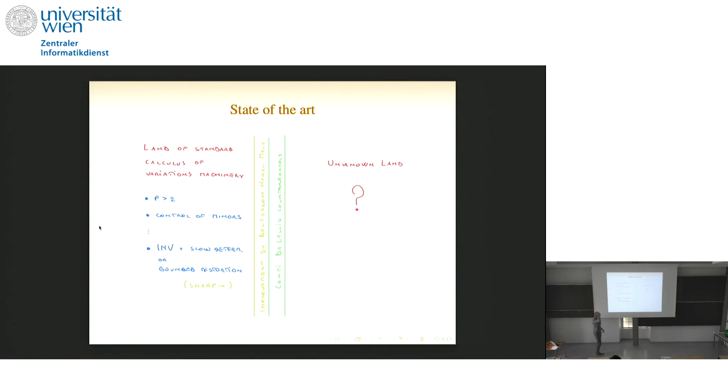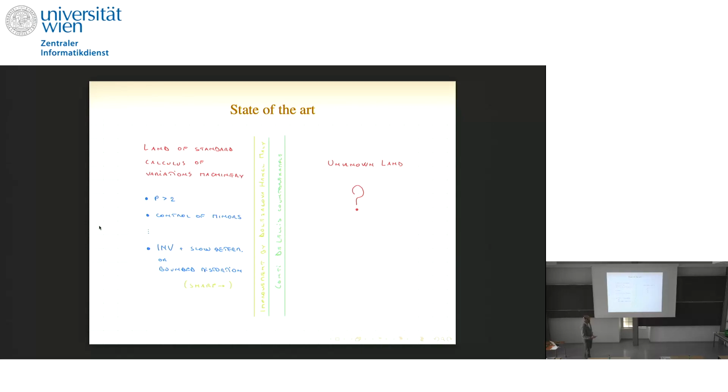We know that for that kind of energy, or something similar with polyconvex energies, when we are in dimension 2 and we work with energy with a p growth strictly larger than 2, or we have a certain control of the minors, or a lot of other additional assumptions, we are in a position to use the standard calculus of variations machinery and provide the existence of minimizers.